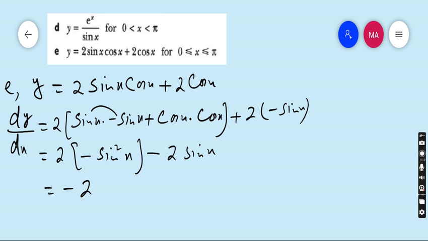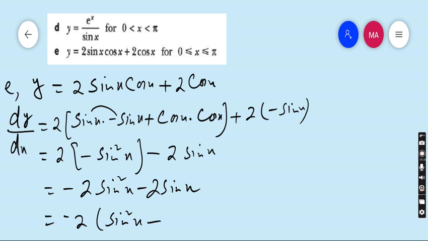So minus 2 sin square x minus 2 sin x is the final derivative, or if you take common minus 2 sin x from the whole expression, it is sin x plus 1.